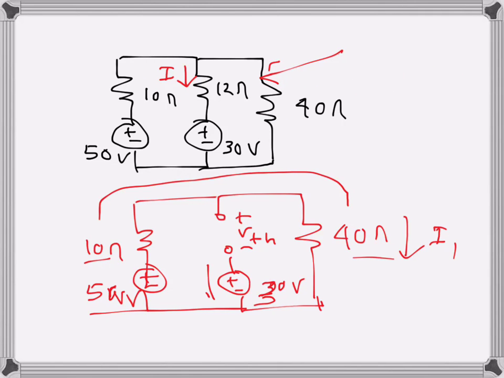Since the current will be 1 amp through the 40 ohms resistance, the voltage drop across this one will be 40 volts, because 40 ohms times 1 is 40 volts, and this drop is 30 volts here.